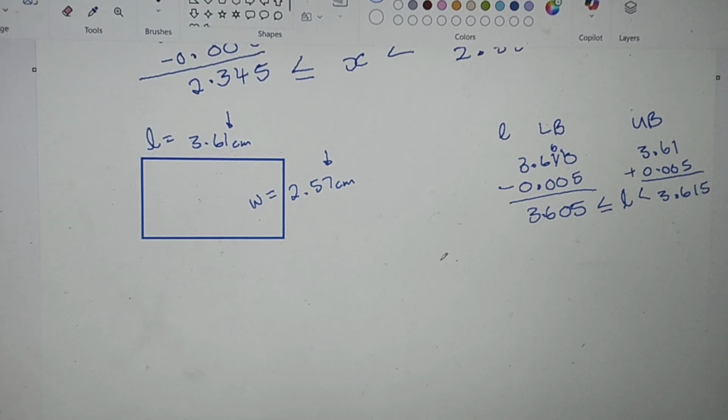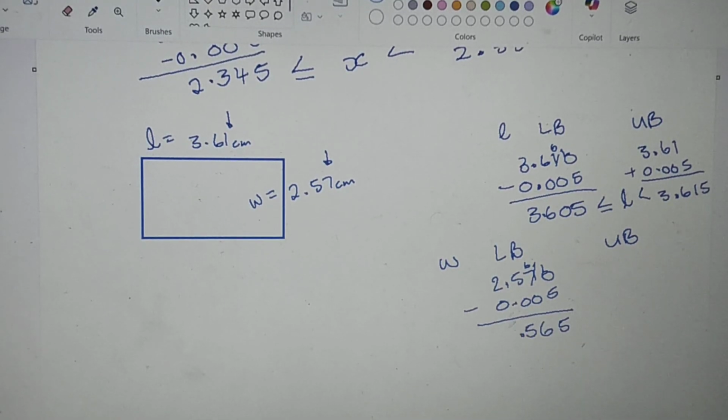For my width, again, my lower bound and my upper bound, I'm going to take 2.57 minus 0.005, put a 0 there, borrow 1 from the 7, 10 minus 5 is 5, 6 minus nothing 6, 5 minus nothing is 5, and 2 minus nothing stays 2.